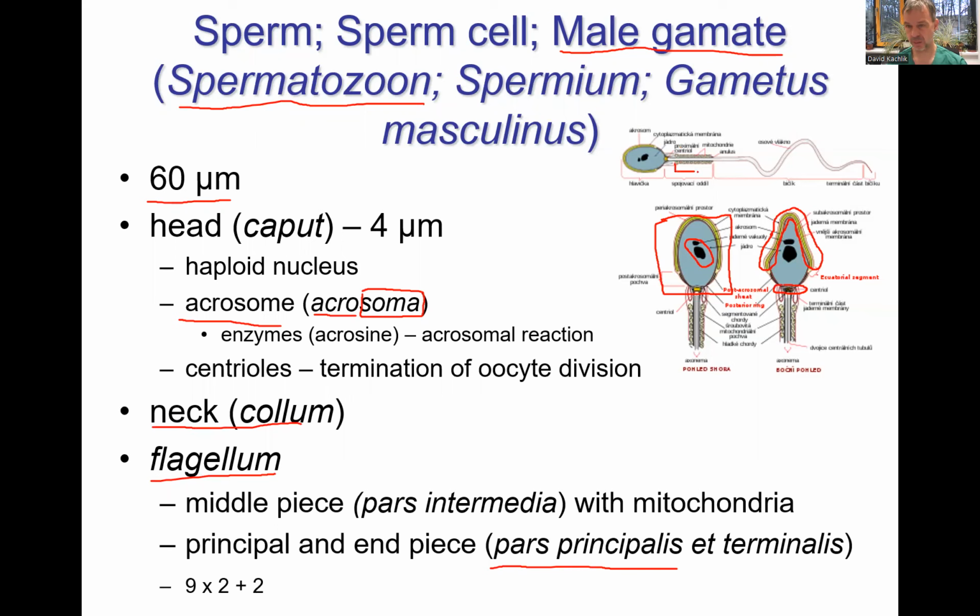One of them is called the middle piece, intermediate part, which is filled with mitochondria. So that's the power station of the sperm. And then we have the long principal part and the very, very short terminal part or end part. So that's the whole sperm.